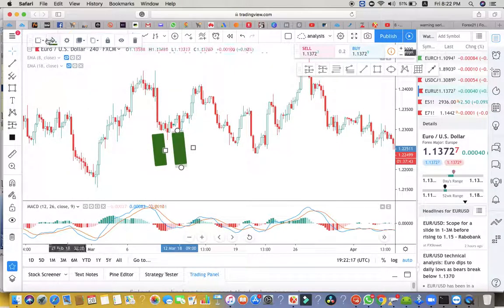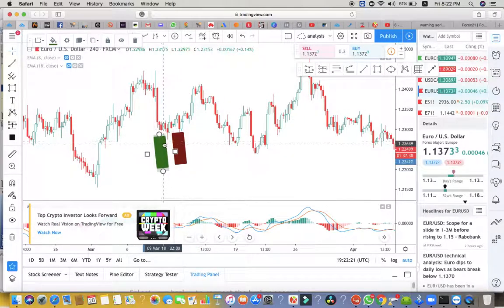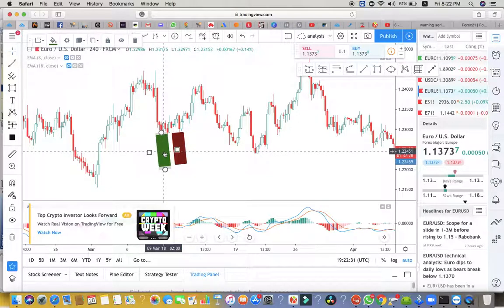And then we have a red candle. So now whenever you see something like this, a green and a red, you notice that the market was going up, because green signifies up. Every color you see in this market is symbolic.